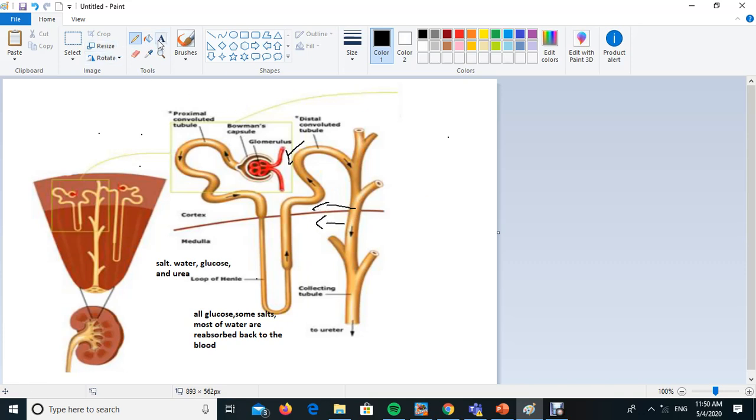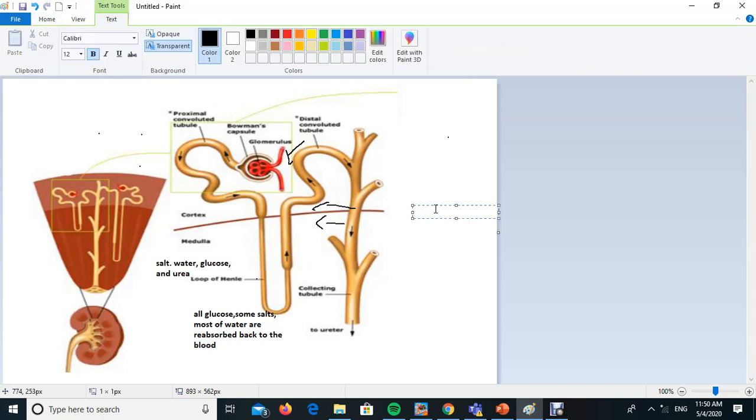So here eventually we have urine formed. Urine is made up of salts, water, and urea only. No glucose, no proteins. So you have to know these processes, filtration and reabsorption, what is being filtered, what is being reabsorbed back, and what urine is made up of.